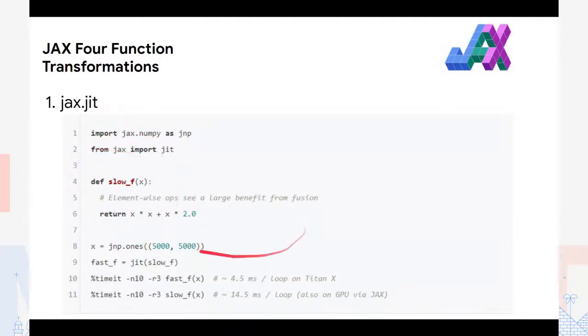This code here demonstrates the benefit of using JAX's just-in-time compilation to improve the performance of a specific function. So let's define the first function called slow_f. Here we already know that executing a function without just-in-time will be slower than with the just-in-time compiler.